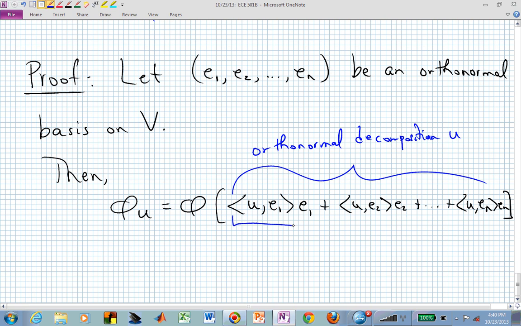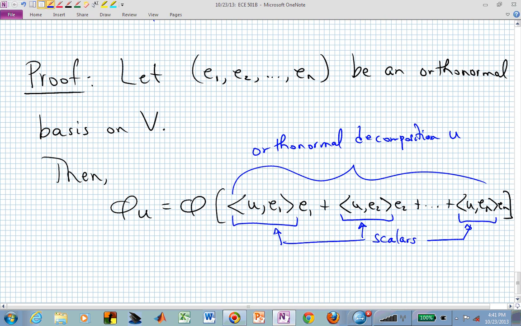And note that these pieces right here, those are just scalars, aren't they? That's what an inner product does. It gives us scalars, and these are simply weighting these orthonormal basis vectors. That's phi of U. Now what we want to do is play with the properties of these scalars and this linear functional.